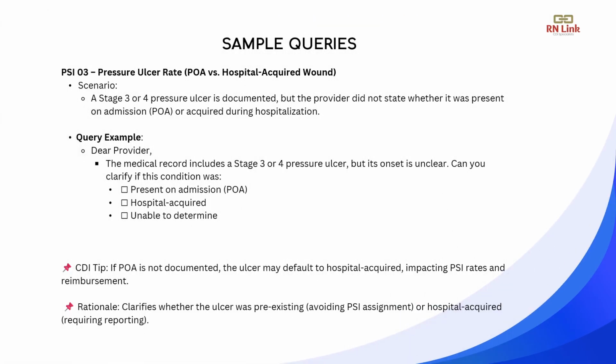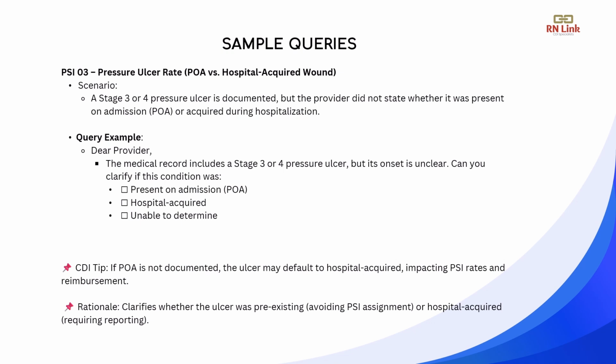Sample queries. PSI 03, pressure ulcer rate, POA versus hospital-acquired wound. Scenario. A stage 3 or 4 pressure ulcer is documented, but the provider did not state whether it was present on admission or acquired during hospitalization.